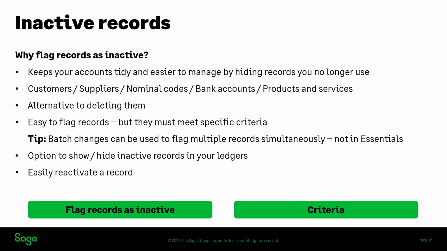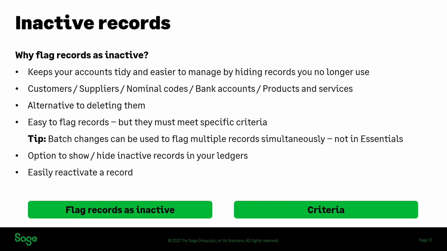Now you don't have this in Essentials, but the batch changes option can help you to flag multiple records simultaneously. So rather than going into one record, flagging as being inactive, going into the next one, flagging that one, you could just select all the records on the list and then use the batch changes. So that option isn't available in Essentials, but it is on the higher levels of the software.